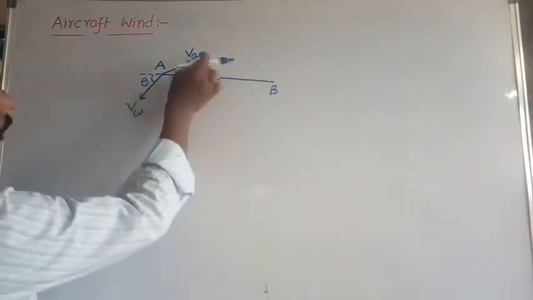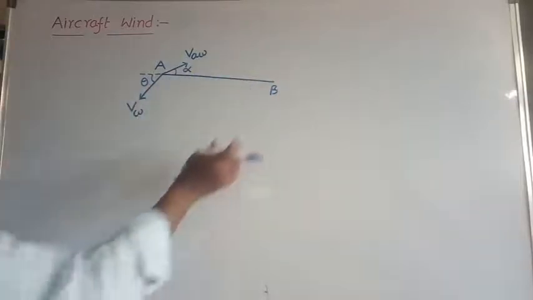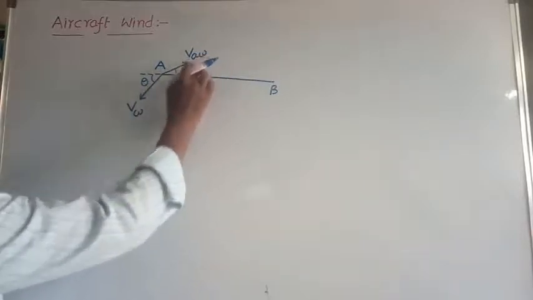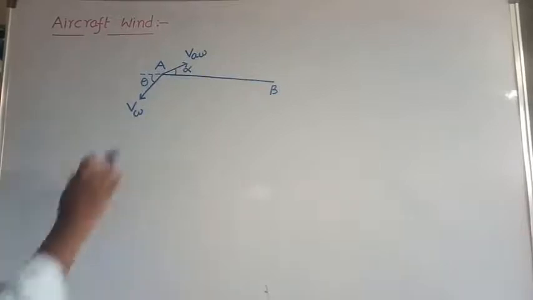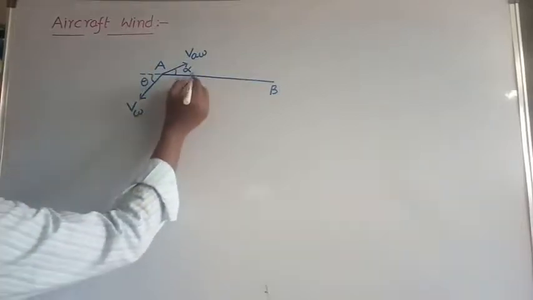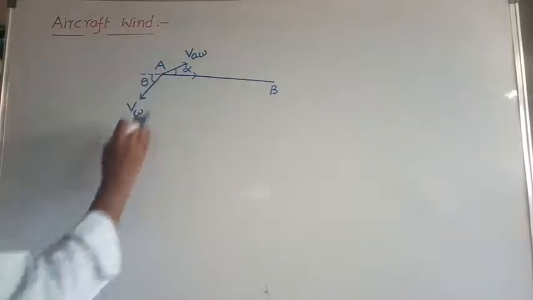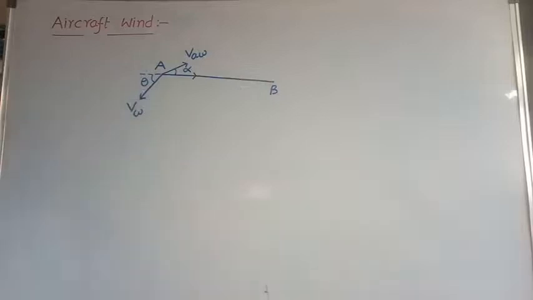The resultant of these two must be acting along AB, then he must reach point B. Velocity of the aircraft with respect to wind is acting in this direction, velocity of the wind is acting in this direction. So the resultant of these two must act along the direction of AB. Then the aeroplane reaches point B from point A.